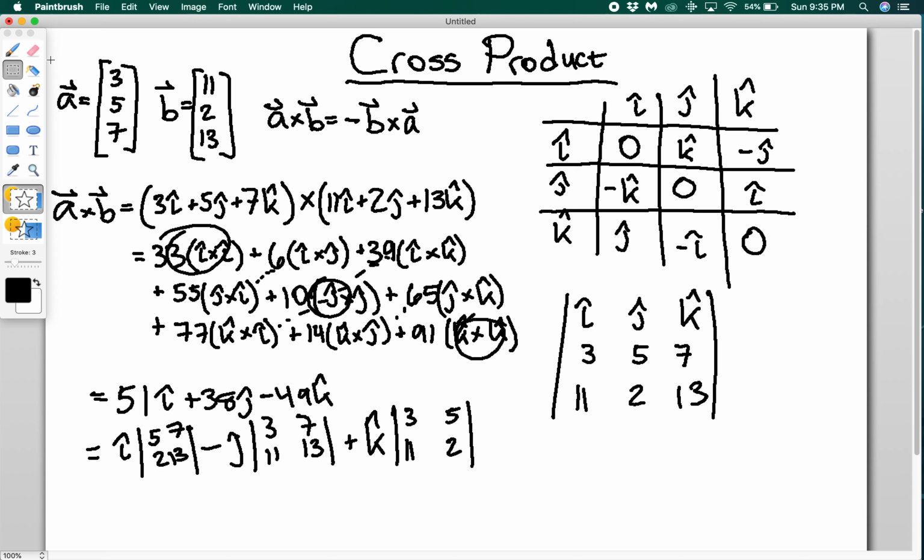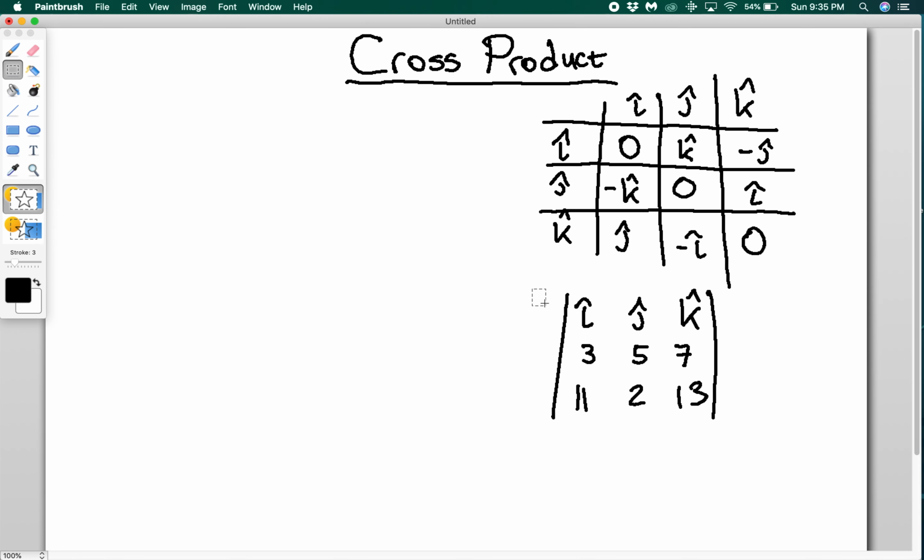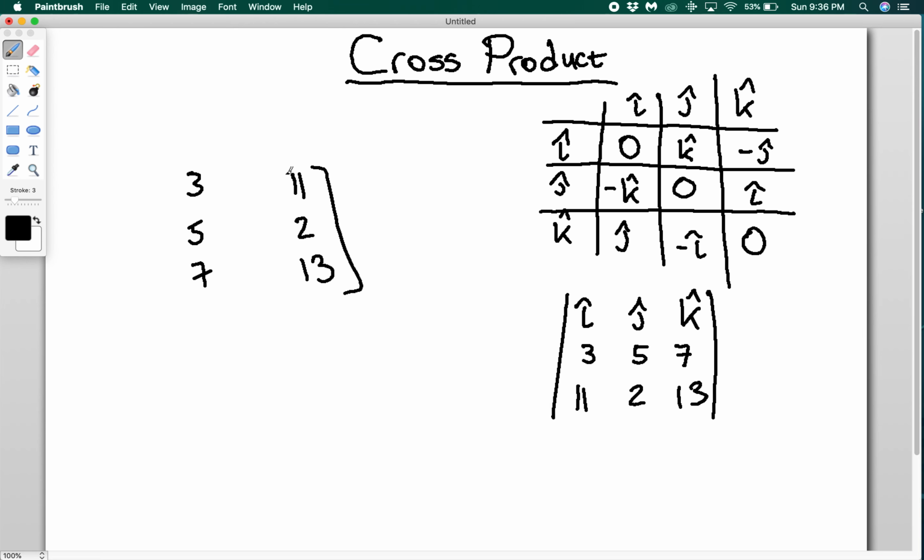Additionally, I stick with the determinant method when you're starting off, but eventually you can shortcut it, because you can identify which determinants are actually being done just in the vector itself. So if I have these two vectors, 3, 5, 7, and 11, 2, 13, then what I'm actually doing is crossing them and getting my first component.